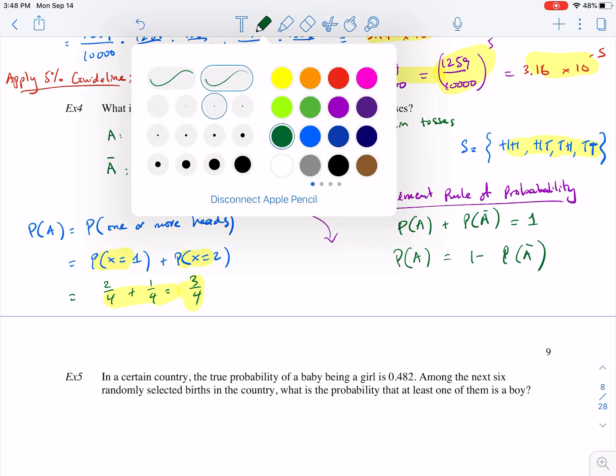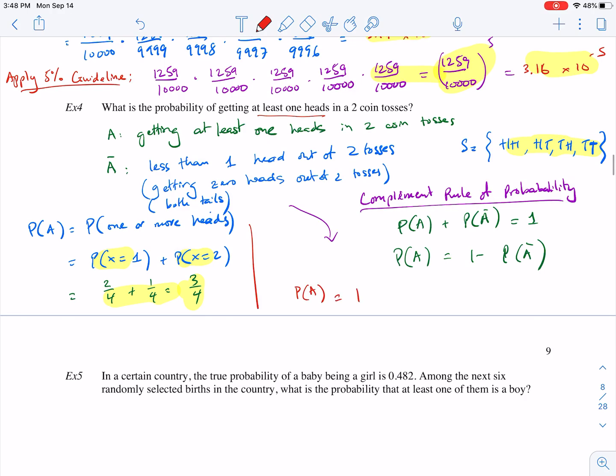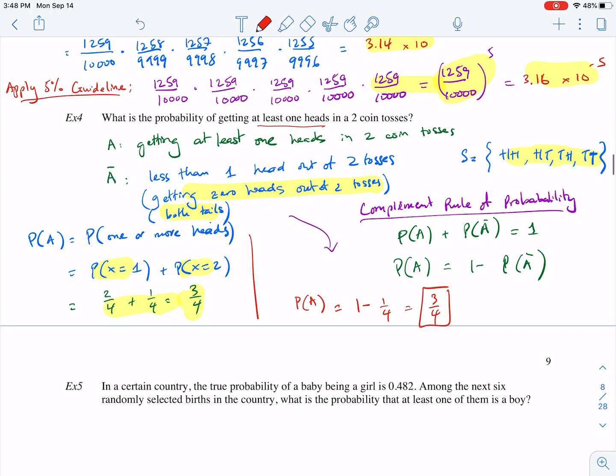So in this problem, the probability of getting at least 1 head out of 2 coin tosses is equal to 1 minus the probability of getting no heads at all out of 2 tosses, which is both tails. That means 1/2 times 1/2, which is 1/4. That gives us 3/4. Okay, so either way will work.